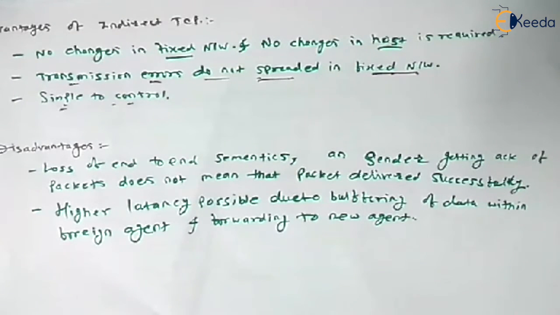There may be dropping of packets between sender and receiver because of the foreign agent, so the sender cannot be assured of the delivery of the packets.